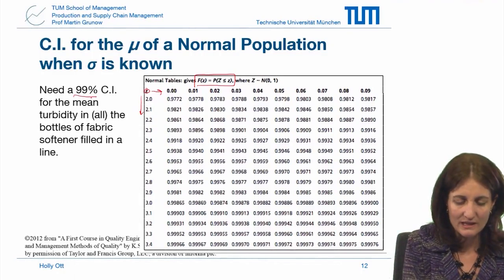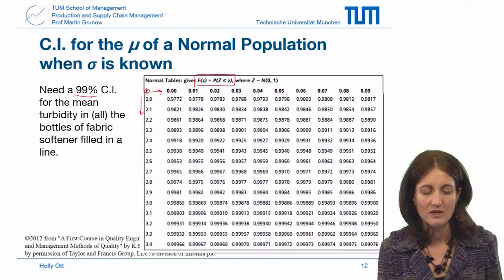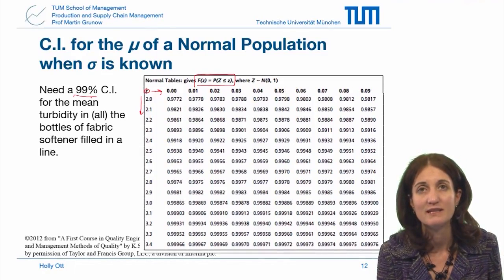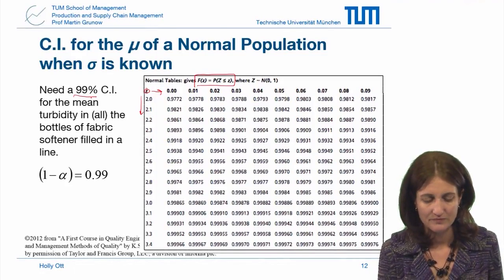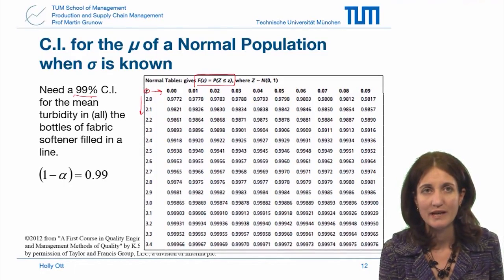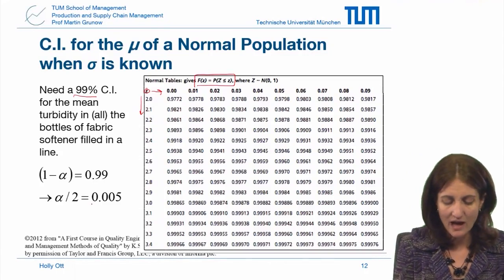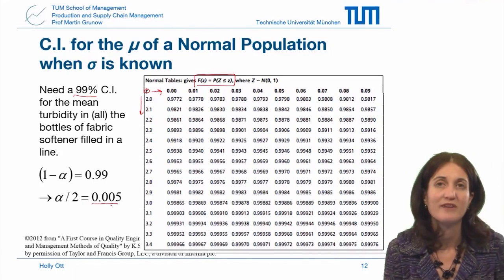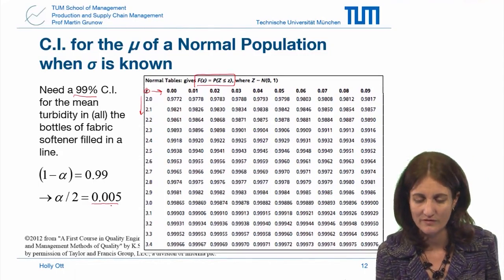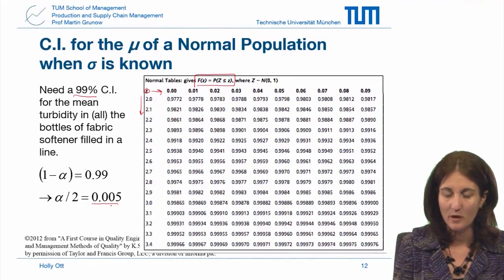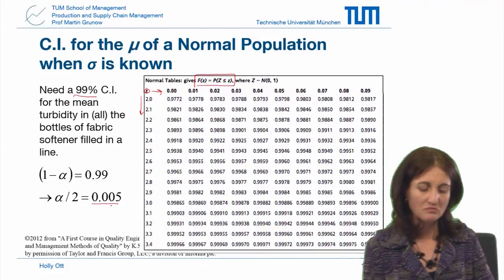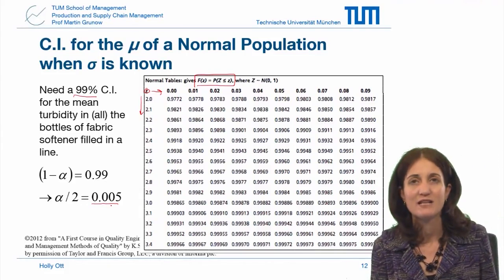So we need a 99% confidence interval for the mean turbidity in all the bottles of fabric softener filled in a line. So 1 minus alpha equals 0.99. This means alpha equals 1%, or alpha over 2 equals 0.5%, or 0.005. If you remember from our picture that we had earlier, these will be the 2 little tails of the distribution.